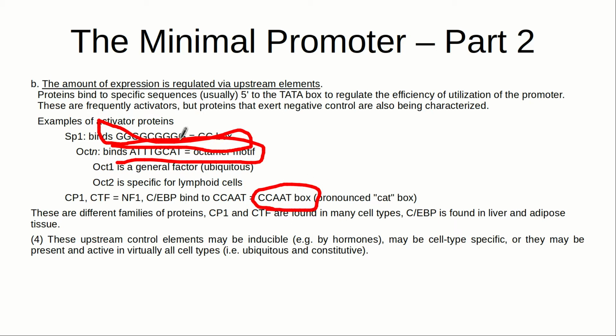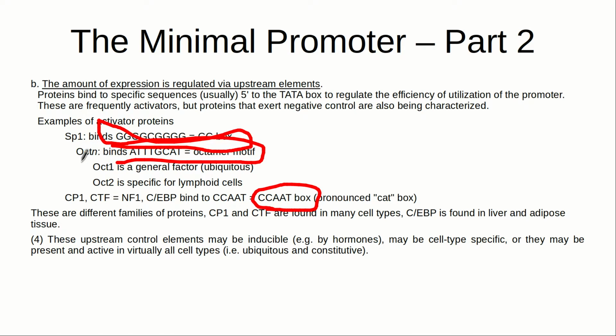Who's to say that this is not related to the one in prokaryotes, but some people will call both of them CAT boxes. Whether or not they're actually related, like the TATA, we don't even know if the two TATAs are actually evolutionarily related. We assume they are. We don't know that for sure. So you've got the CAT box.